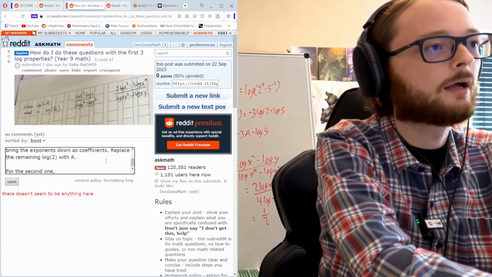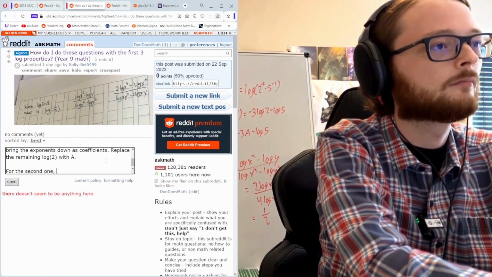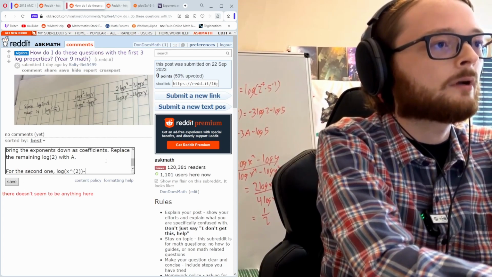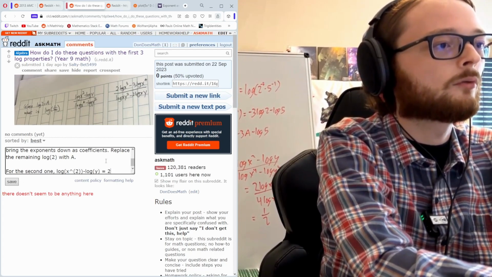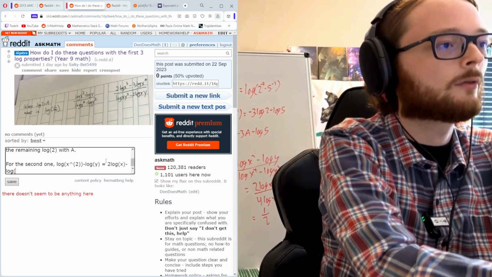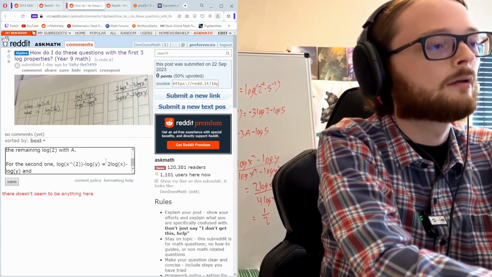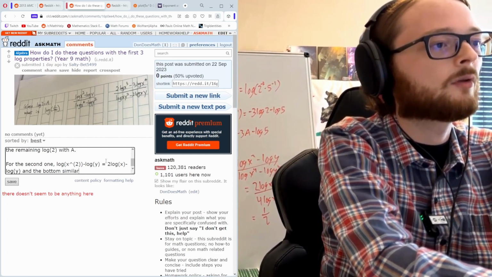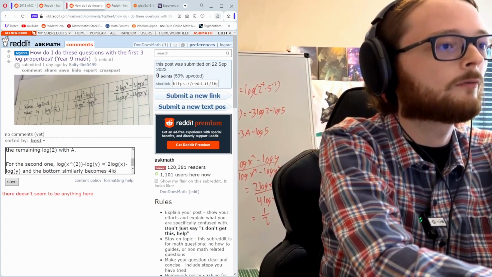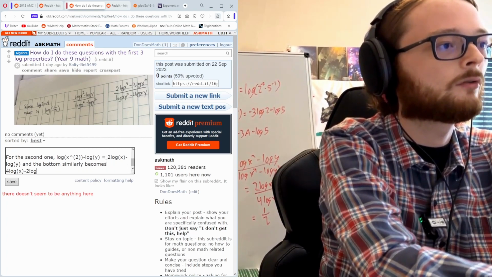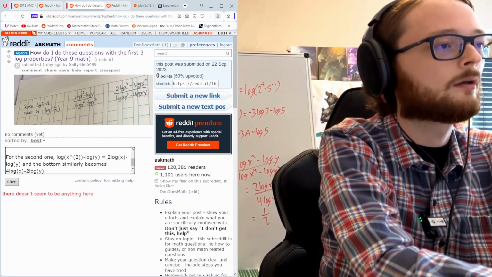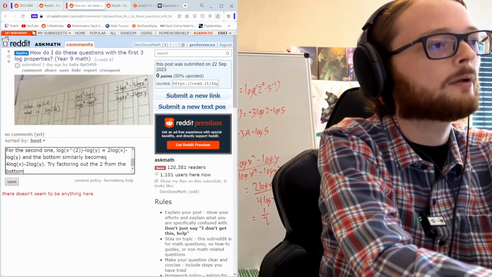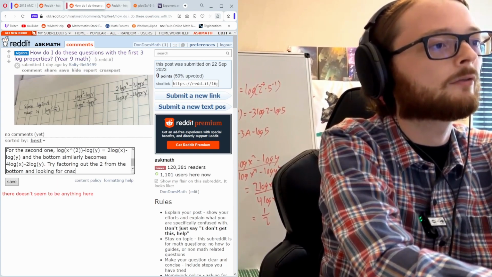Second one, log of x squared minus log y is equal to 2 log x minus log y. The bottom similarly becomes 4 log x minus 2 log y. Try factoring out 2 from the bottom and looking for cancellations.